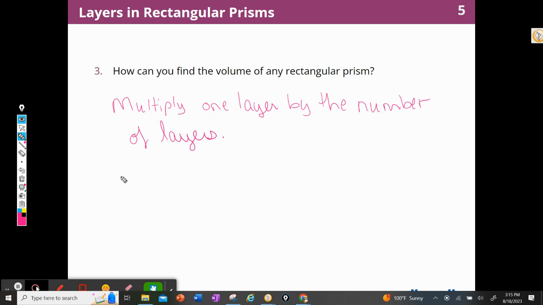We can call a layer a base. So I can multiply the base times how many bases there are, or how many, I'm going to say how high it is, the height. That's one way we can find out the volume. Let's write that correctly, Miss Lemoyne. That's better.